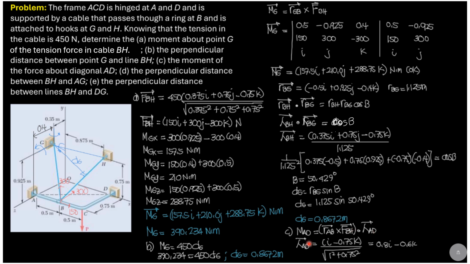So for lambda of AD, A to D is going to the right 1 meter, then moving backward 0.75. So that's I minus 0.75K divided by the magnitude, square root of 1 squared plus 0.75 squared. So the unit vector of axis AD is 0.8I minus 0.6K.